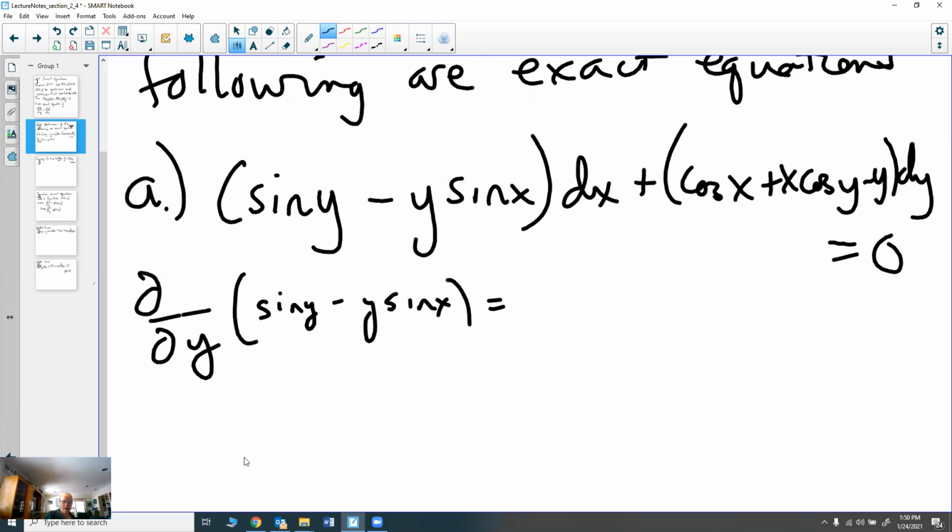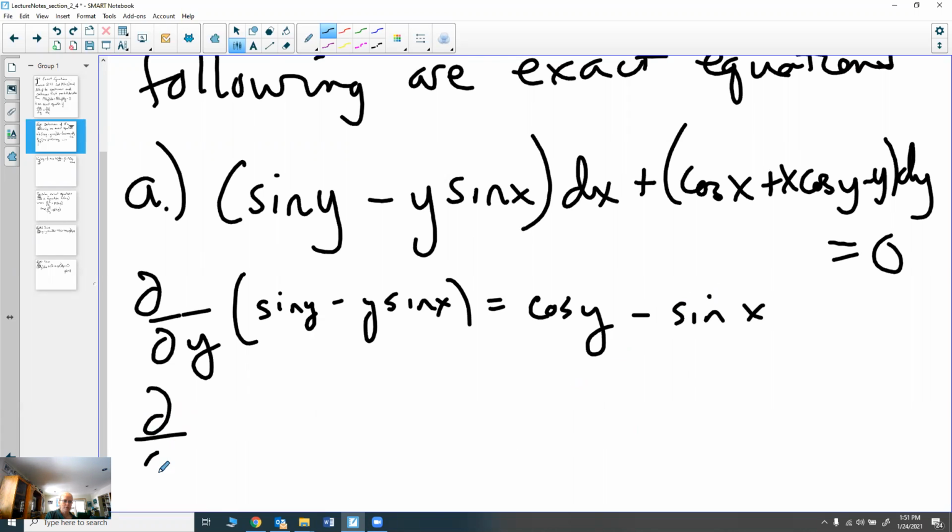So the derivative of sin y is cos y. In y sin x, sin x is a constant because we're doing the partial derivative with respect to y. Even though you might think sin x is not a constant, it can be thought of as one in this function. Replace it with the number 3 if you want to. The derivative of 3y is just 3. So the derivative of y sin x is just sin x.